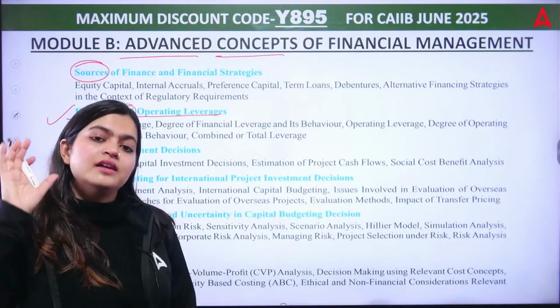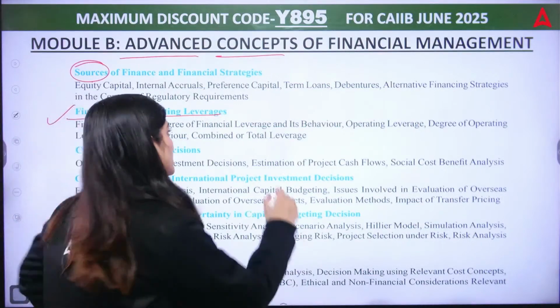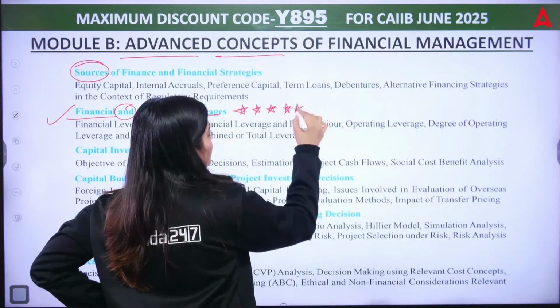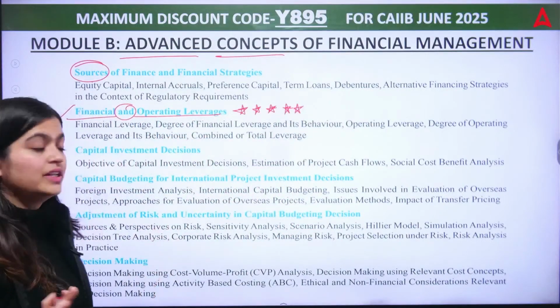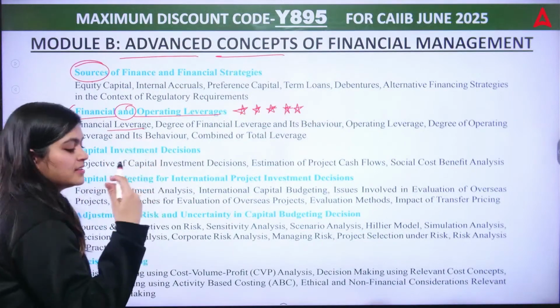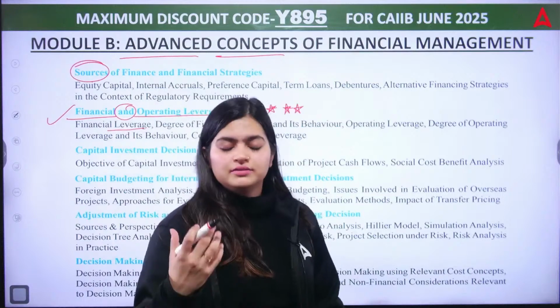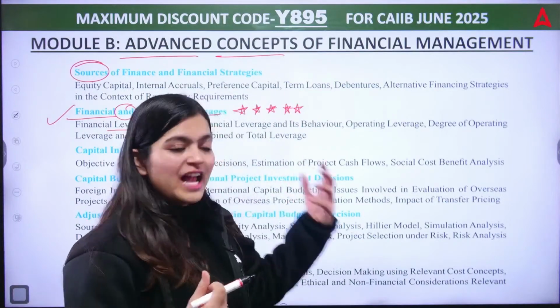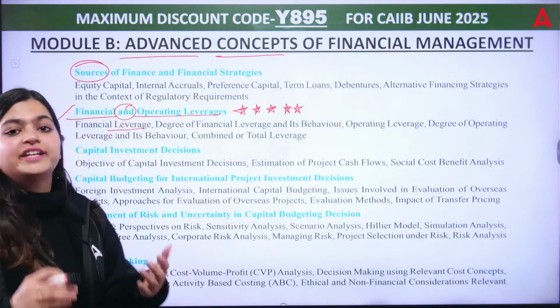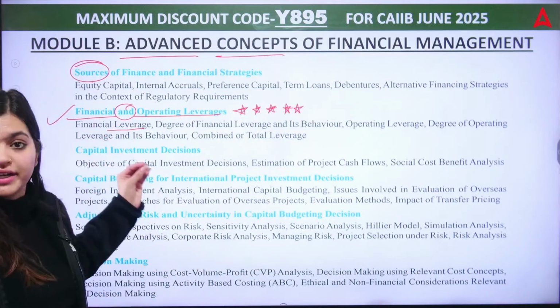They are asking numericals from this every time. This is one of the important topics, out of 5 I want to give it all 5 stars, because it is that important. What is operating leverage? What is financial leverage? All these things they ask in financial and operating leverages.